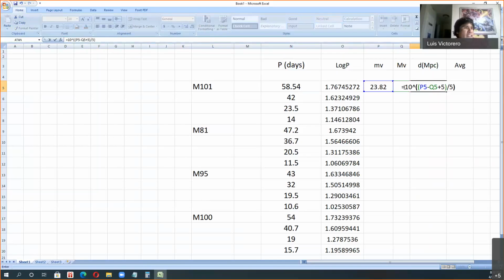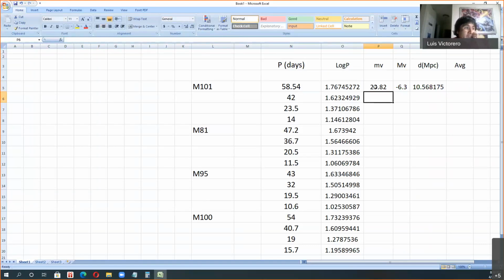Let's see if I get the same. Yeah, look at that. But remember, I have to divide everything at the end by 1 million. There it is.